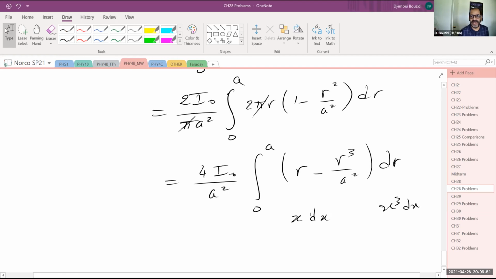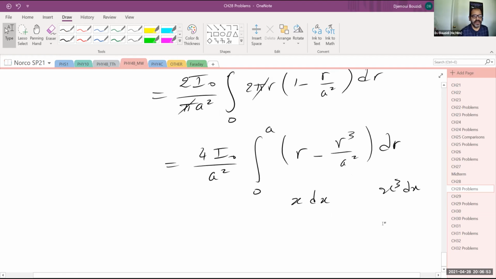So what is this integral of x dx? If you guys remember from your calc classes, the first term is x squared over 2. Very good. Don't forget the boundaries of integration from 0 to a.